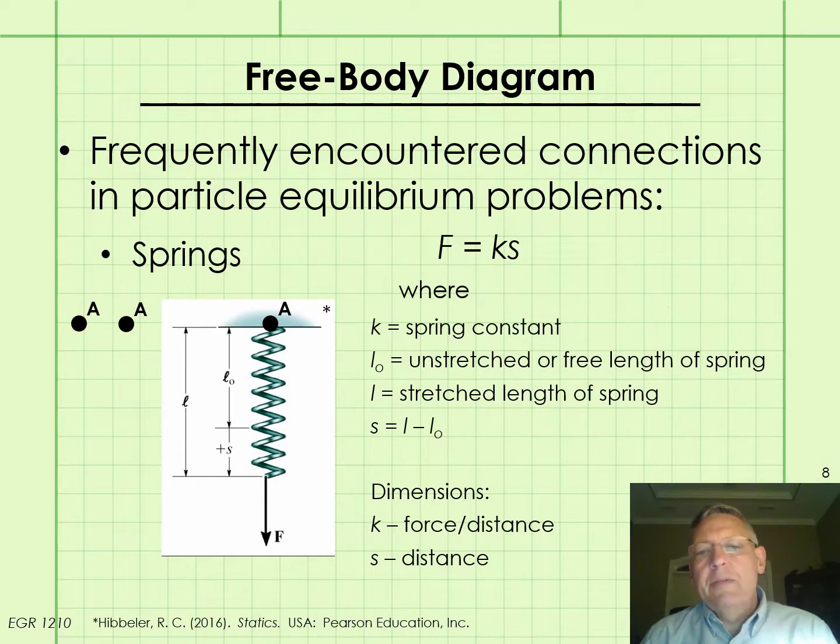Let's look at two types of connections frequently encountered in particle equilibrium problems. First one will be the spring. A spring will exert a force of magnitude F that is equal to its spring constant times the amount of stretch or compression. So assume we have a spring attached to particle A here.